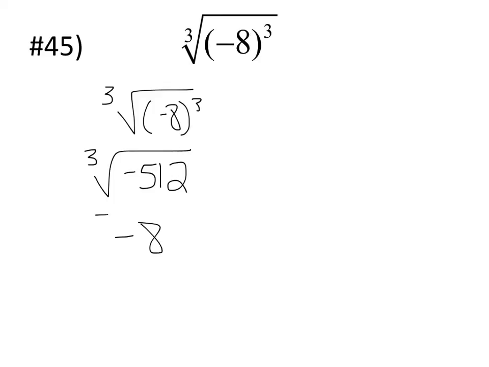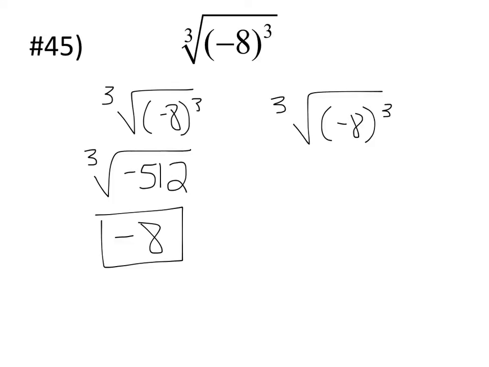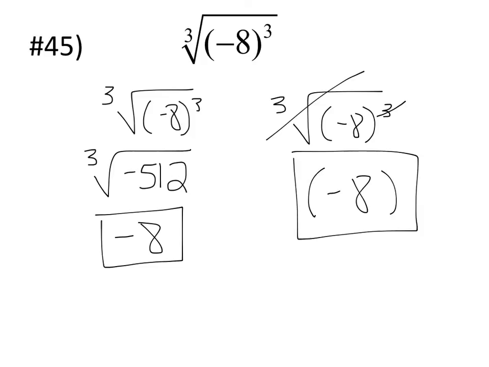Well, we know it's -8. So your answer would be -8. However, another way to do this is if your index and your exponent end up being the same thing, they actually cancel each other out. And your answer is just -8. Because, remember I just taught you, you can take your index back and make it an exponent. So if I were to take this back and make it the denominator, 3 over 3 is 1, so your answer would be -8 to the first power.